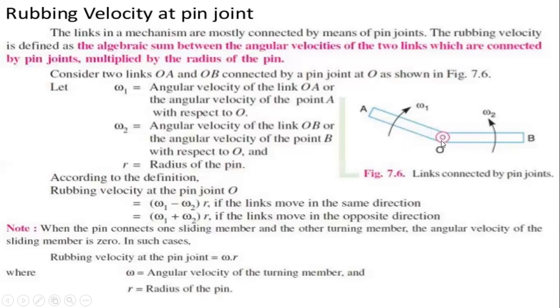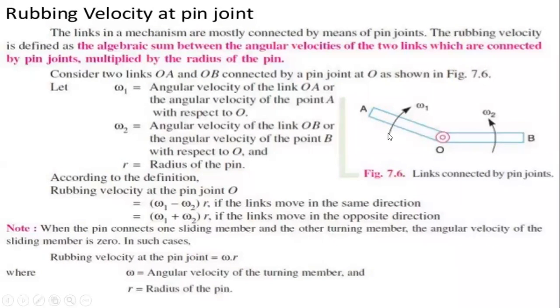This is a negligible quantity, but we are taking it. Small r is the radius of the pin. According to the definition, I am taking the rubbing velocity at the pin joint O. So the rubbing velocity at the pin joint O is (omega 1 minus omega 2) into r.